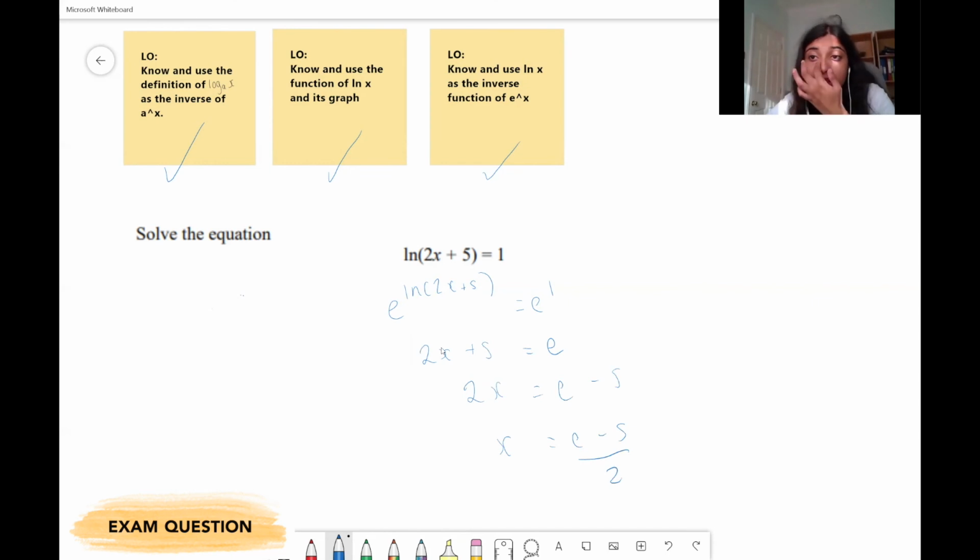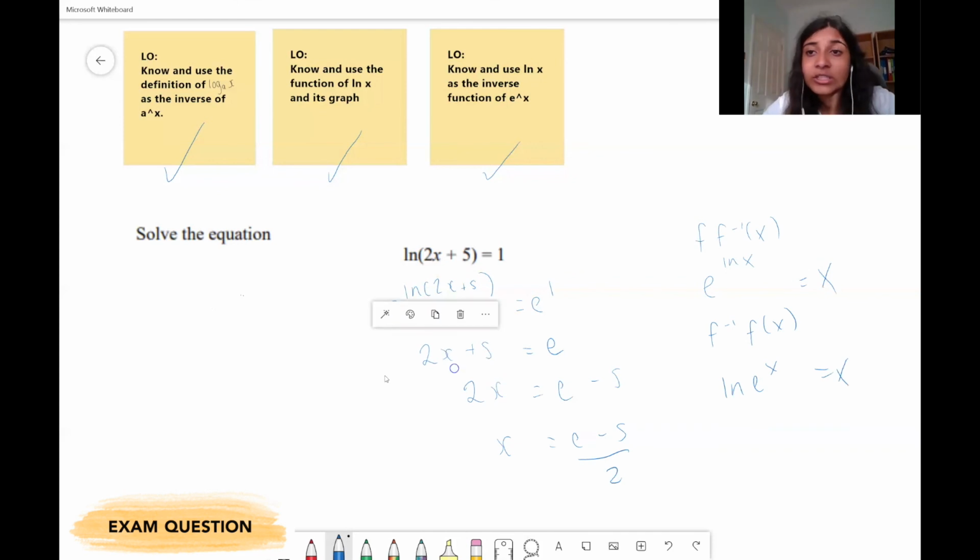So this is just using the property that because e to the power of x and ln x are inverses of each other, if you do both of them together, it could work either way. If you do f of f inverse of x, so if you do e to the ln x, or if you do f inverse of f of x, so you could do ln of e to the power of x, both of them would just equal x.